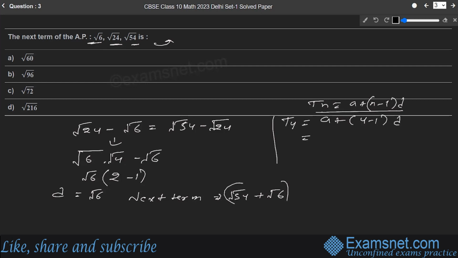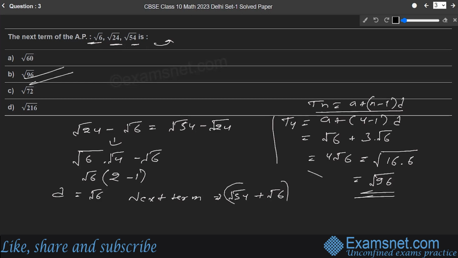We have the a value as root 6 plus 3 into d value, which is again root 6. So we have to find out root 6 plus 3 root 6. How much is that? Root 6 taken common, so it is going to be 4 root 6, or we want to take everything inside the under root. So 4 goes inside the under root and becomes 16, and 6 is already there inside, so it becomes root 96. So option B is the right answer. Root 96 is the answer.